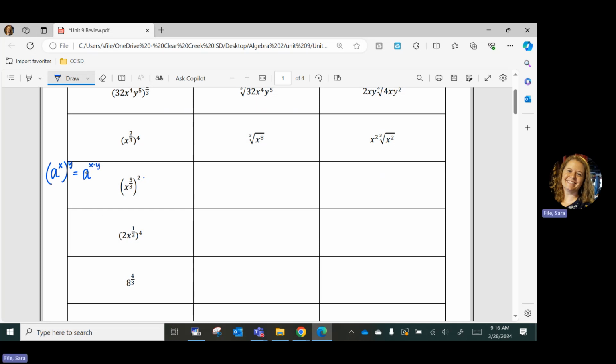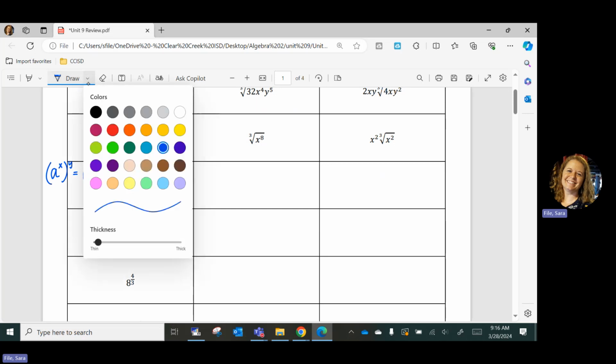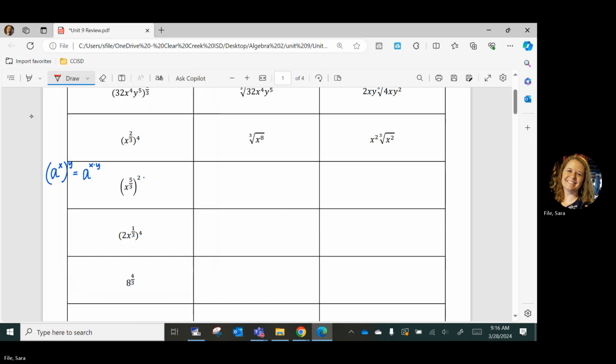So the 5/3 and the 2 are going to be multiplied. 5 times 2, that's going to be 10/3.